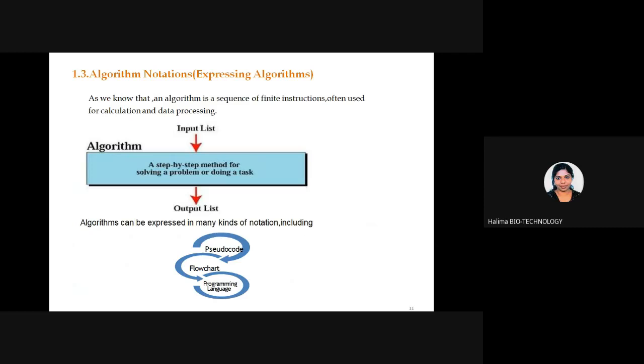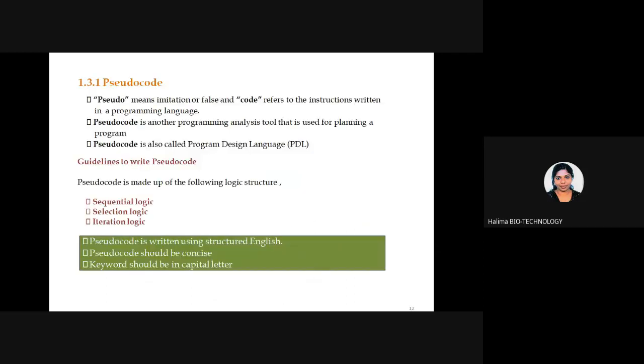And we also saw how you can express an algorithm: in the form of pseudocode, flowchart, or programming language. We saw a little bit of pseudocode. What is pseudocode? Pseudo means false, and code means instruction.